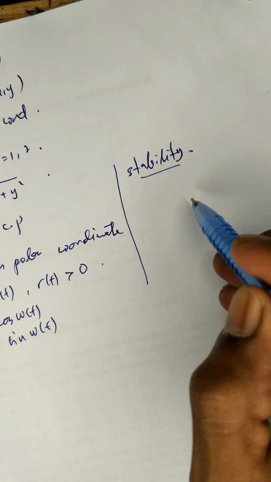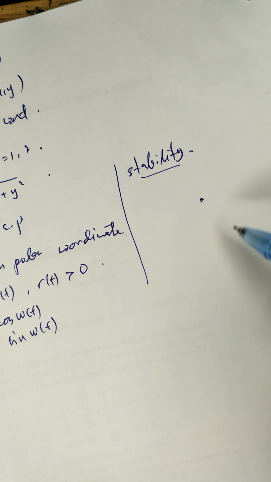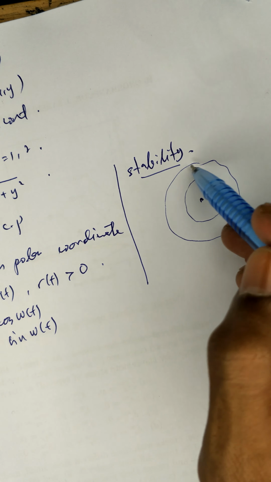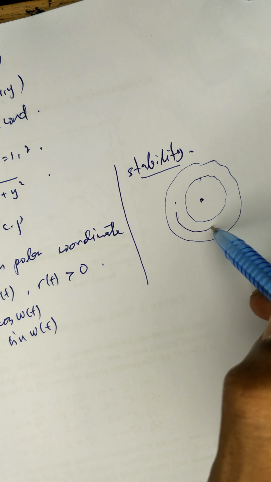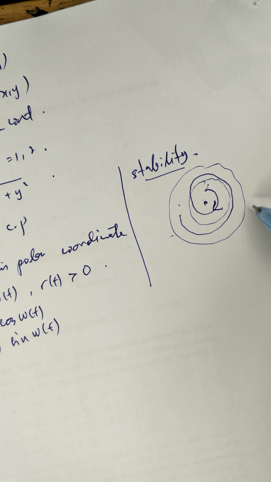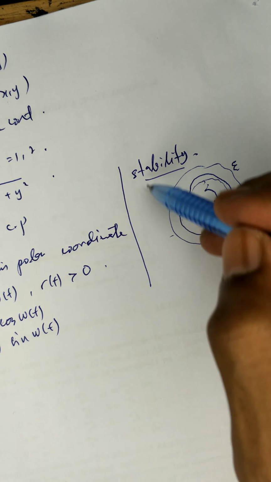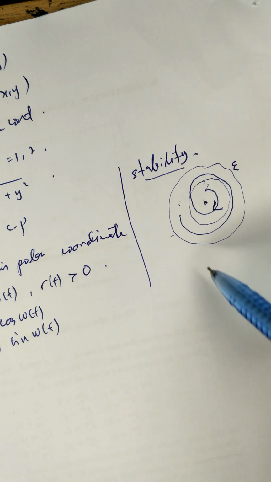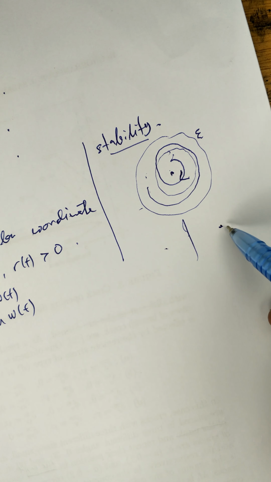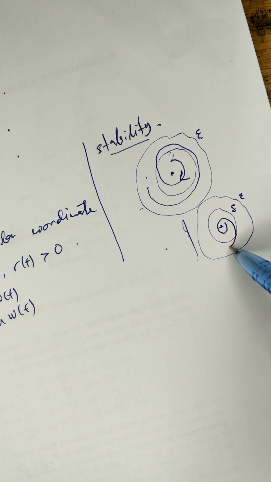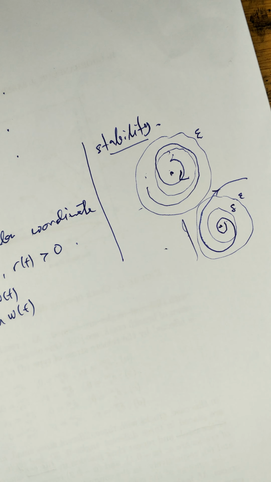What does stability mean? If (0,0) is there, and we have a delta neighborhood and an epsilon neighborhood, and the trajectory goes around that critical point but does not go out of the epsilon neighborhood, we call this stable. If the trajectory goes out of the epsilon neighborhood, we call that unstable.